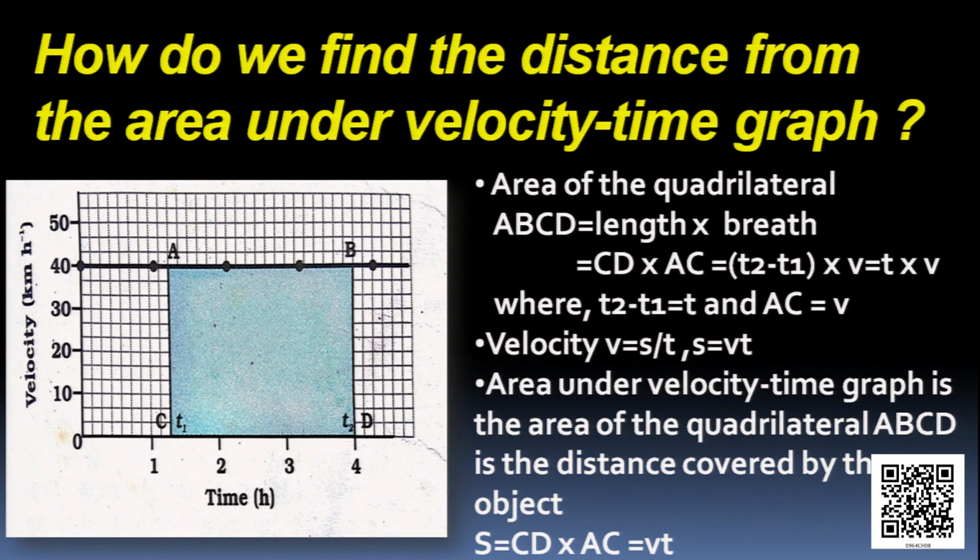Therefore, the area under the velocity time graph, the area of the quadrilateral ABCD, is the distance covered by the object, because S is equal to V into T, which is length into breadth of the quadrilateral ABCD. So S is equal to CD cross AC is equal to Vt. Once again, it is mentioned.